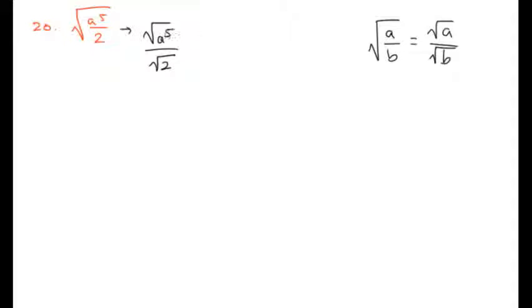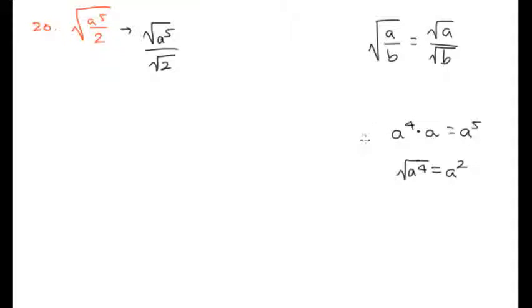So what can we split a to the 5th into? Well, recall that a to the 4th times a is equal to a to the 5th, and the square root of a to the 4th, as you all might know, is a squared.